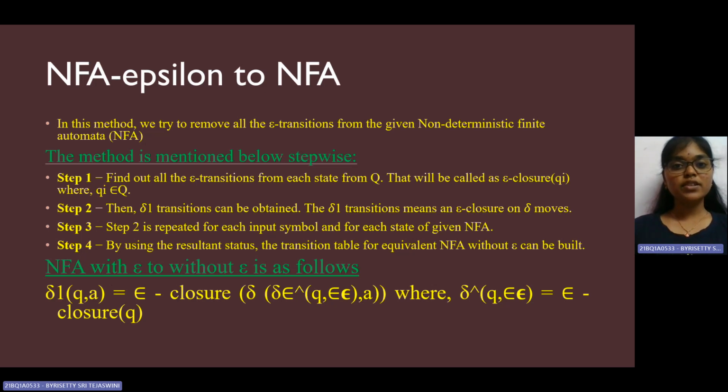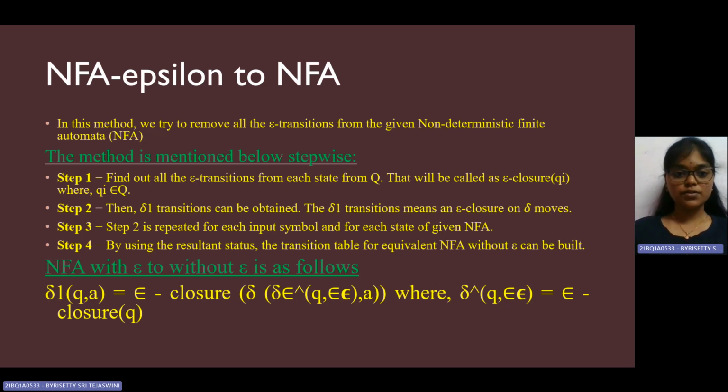For example, if there are 3 states like A, B, C and inputs like 0, 1, for A0 we find the epsilon closure of the delta values, and for A1 we find the delta values. Similarly B0, B1, and C0 and C1. So for every state and every input alphabet, the delta values will be found.